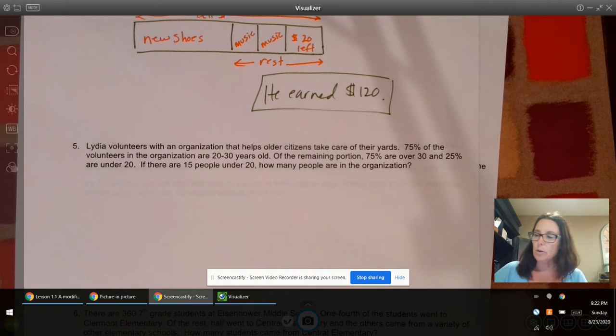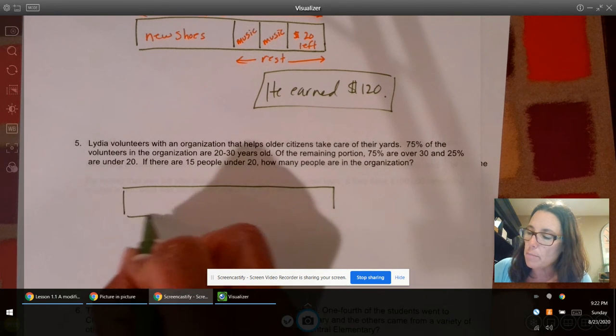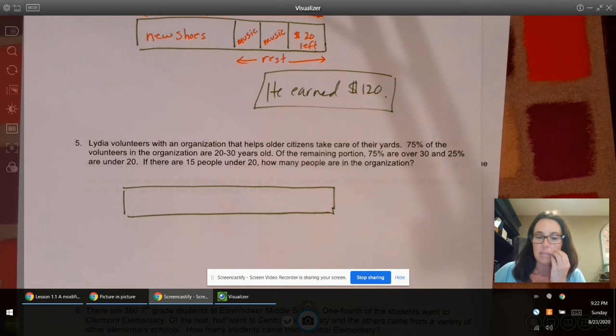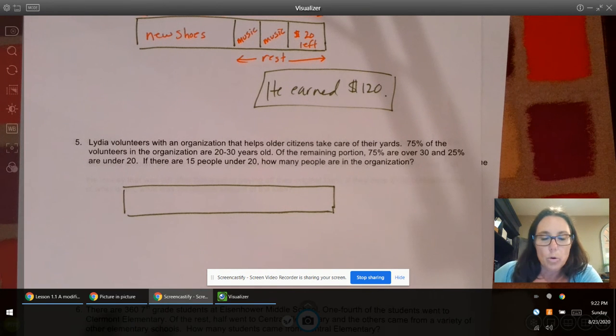Okay, so again, a lot of information. I'm just drawing a big old bar for now. Probably should have made it a little wider because I'm gonna have to write some things in it, but it's okay. All right. So that whole thing is the volunteers in the organization. It's a 75%.